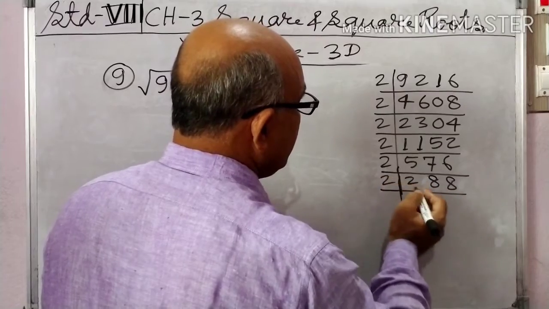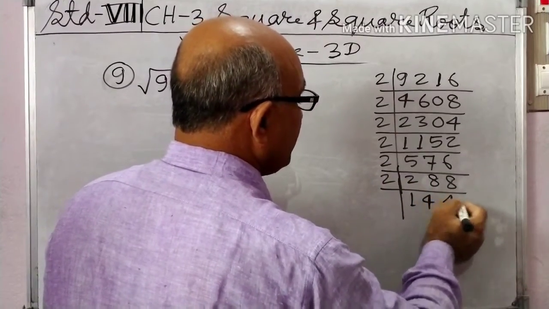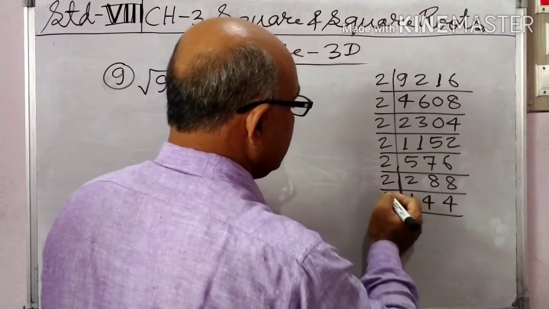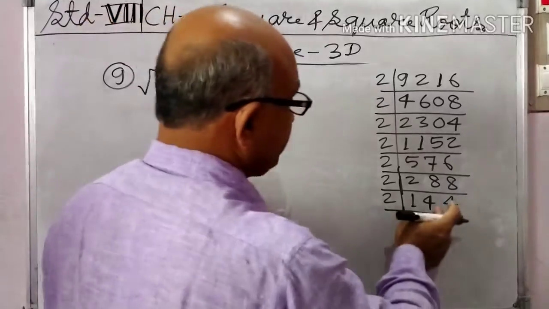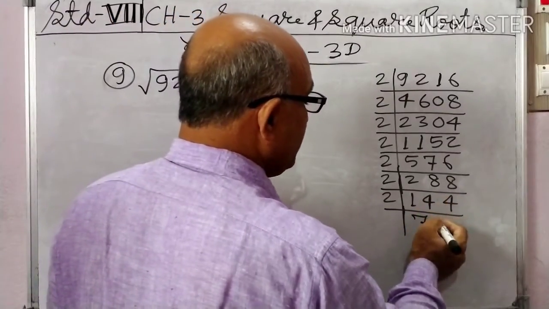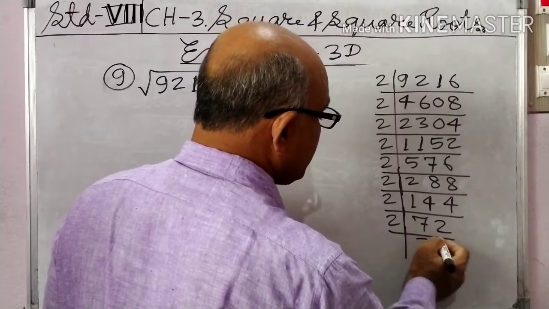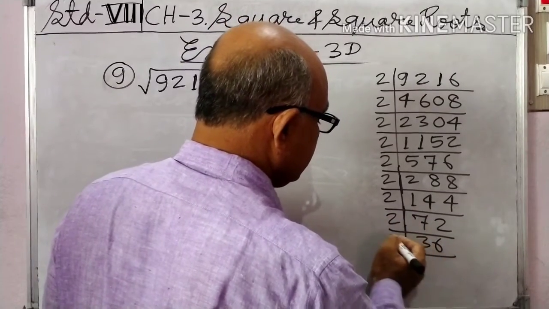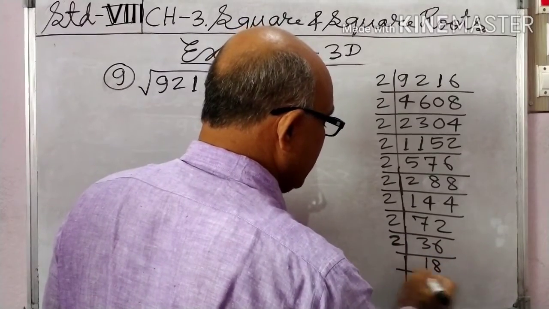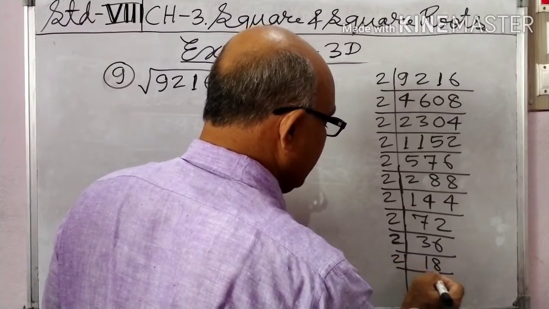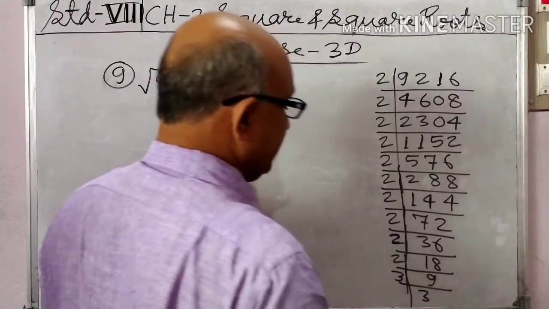Now 2 times 2 1 are 2, 2 4 are 8 and 2 4 are 8. 2 times 2 7 are 14 and 2 2 are 4. 2 times 36 2 are 2 times 18, 2 times 9, again 3, 3 3 are 9.